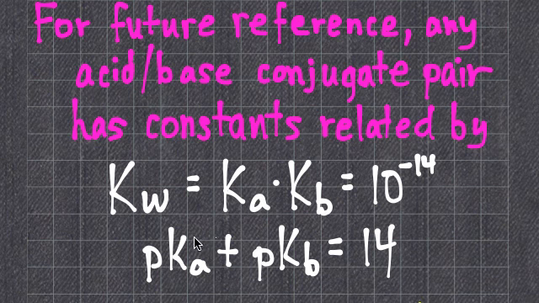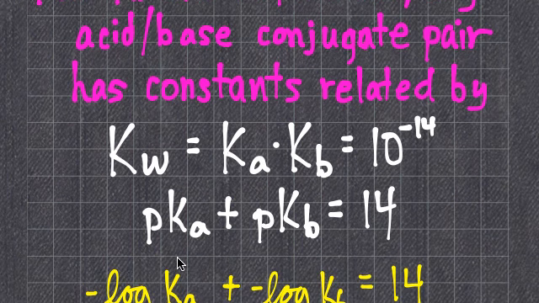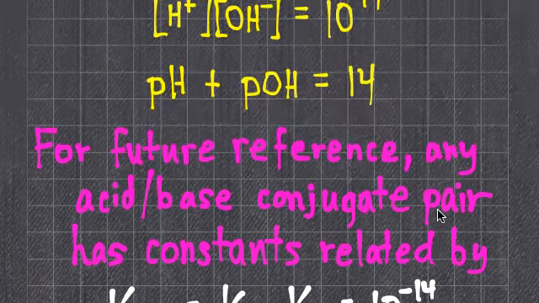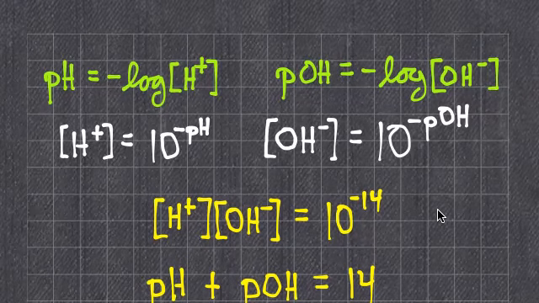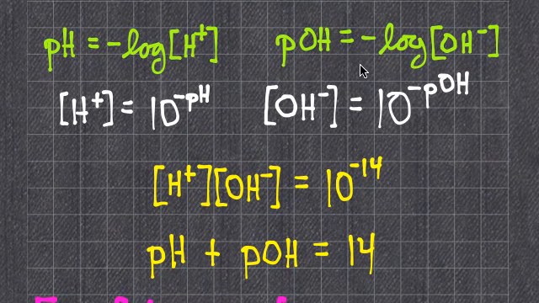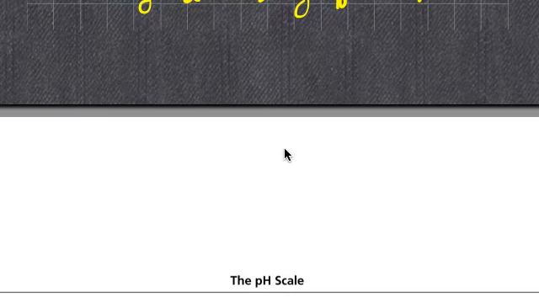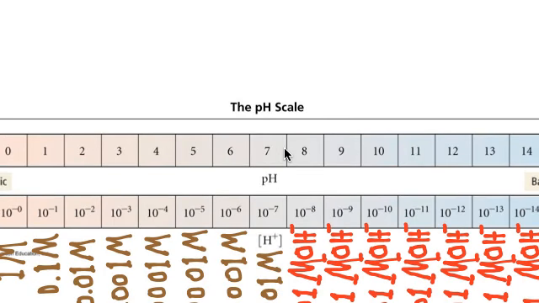Or in other words, the negative log of the Ka value plus the negative log of the Kb value for any one acid-base pair. Now, I don't mean to scare you or confuse you with this right now, but we're going to see this again, and it's very analogous to what we do for water, the H plus and the OH minus in the aqueous solution. So we'll revisit that later, definitely not now, but I had to show it to you.